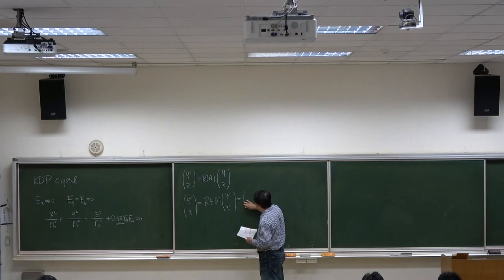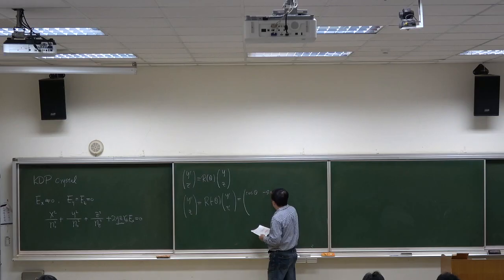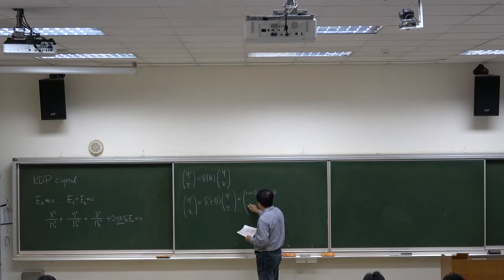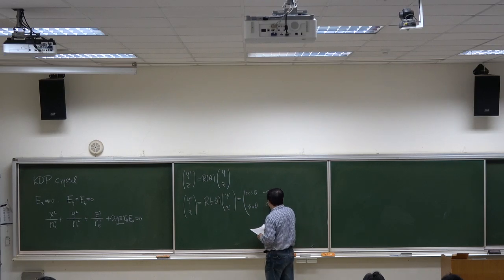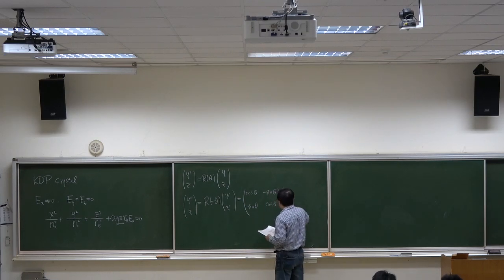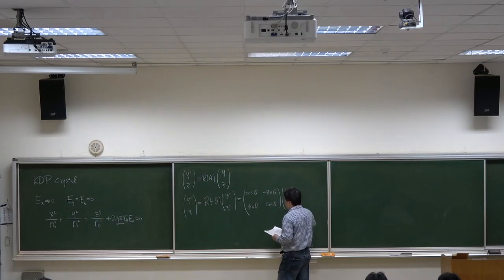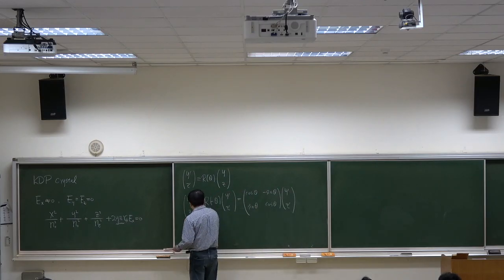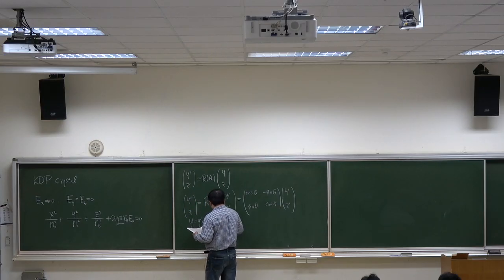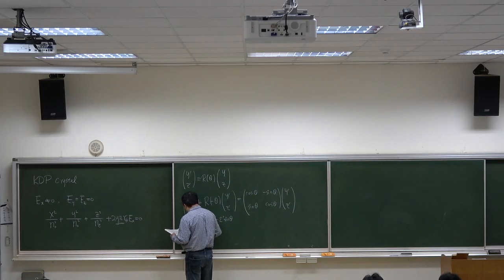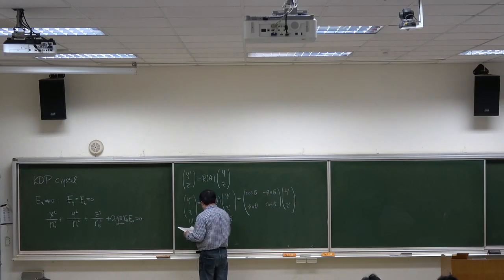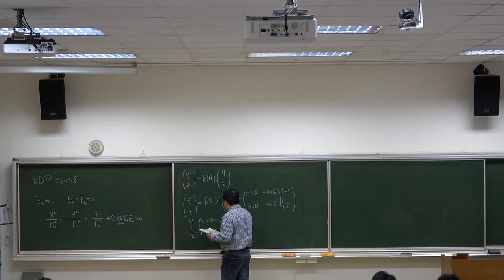Here, R of minus theta is cosine theta, minus sine theta, sine theta, cosine theta, times y prime, z prime. So we have y equal to y prime cosine theta minus z prime sine theta, and z is equal to y prime sine theta plus z prime cosine theta.